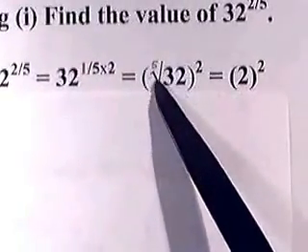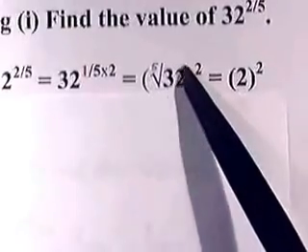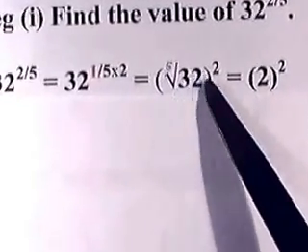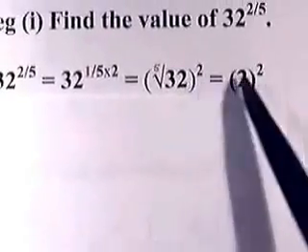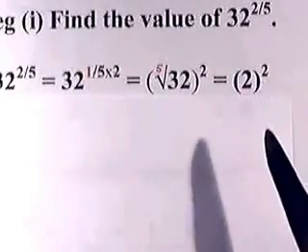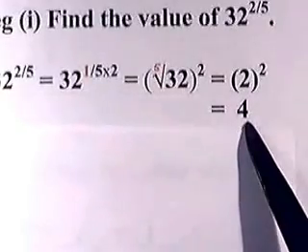So all of that thing inside the brackets is just 2. The whole thing's being squared, so 2 squared is 4.